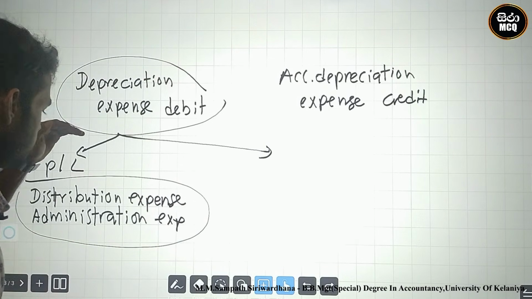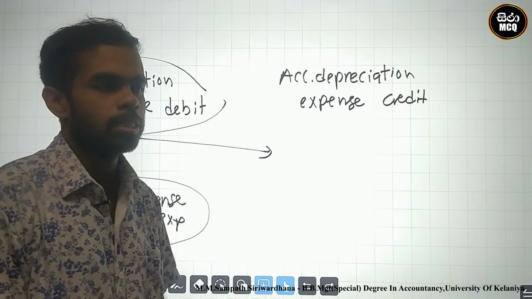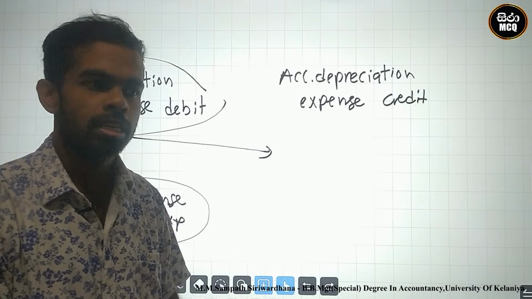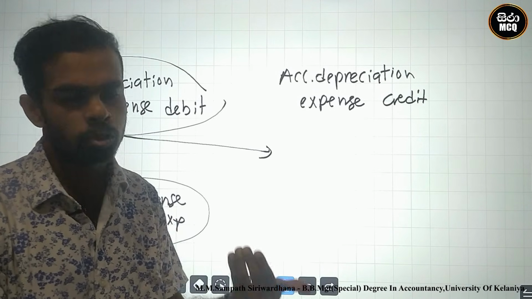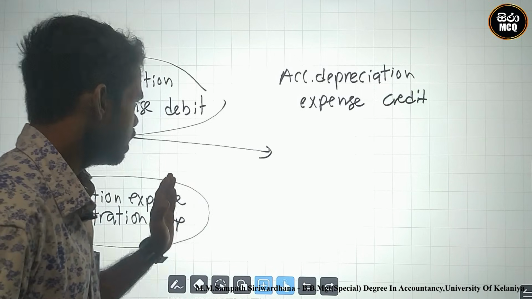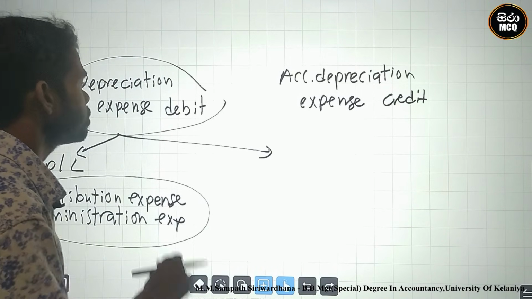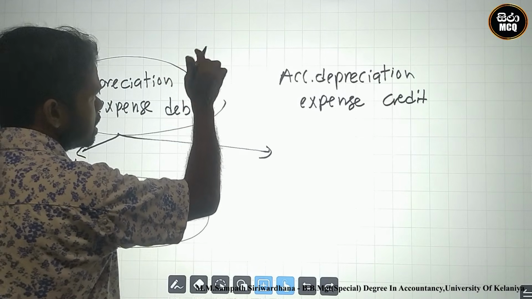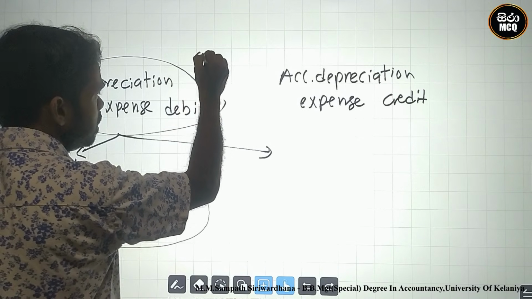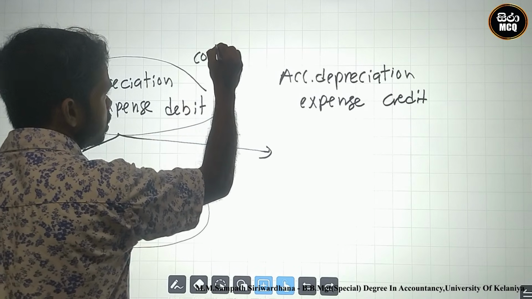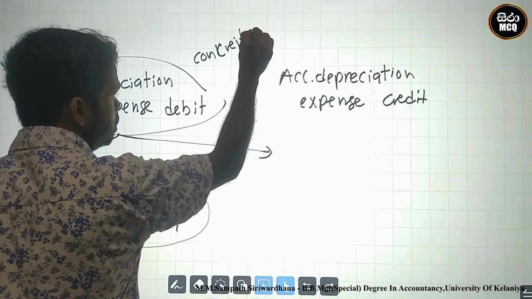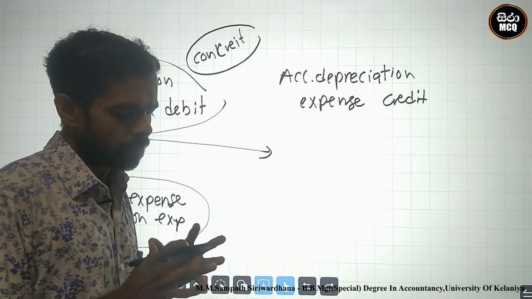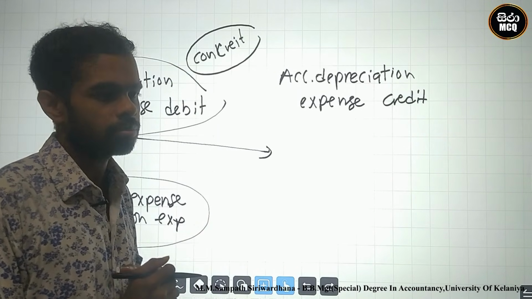The depreciation expense is used for administration purpose. Look here, there is a computer used for administration purpose. There is a lorry used for distribution purpose. After that, there is another usage for an asset. Look here, there is a concrete mixing machine.